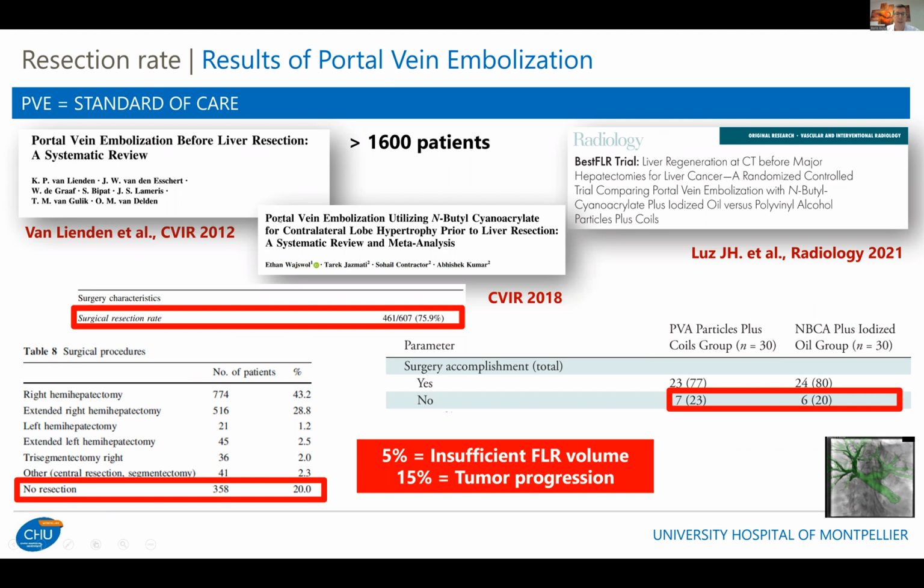You have here two systematic reviews and one of the latest randomized controlled trials. The results are more or less the same. And at the end of the day, PVE works very well, because 80% of patients can be resected after PVE, which is a very good result and something probably we need to keep in mind.